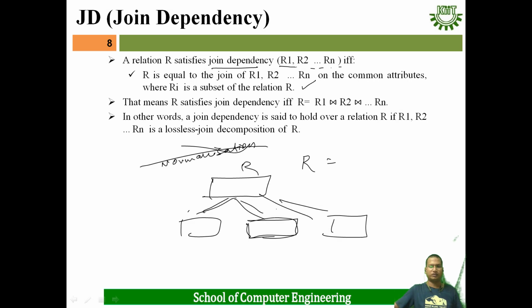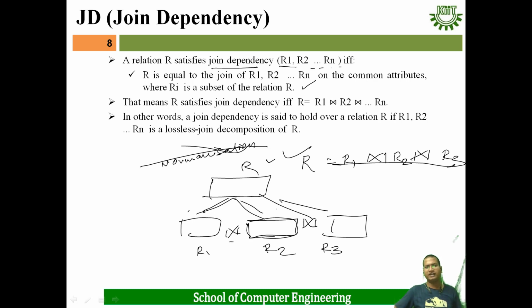Suppose I have divided R into R1, R2 and R3, until R1 natural join R2 natural join R3 gives R. That means we can divide this table into multiple tables as long as, when we combine all the decomposed relations by natural join, we get the original relation. Till that time we can divide this table, and this is known as join dependency. If this is satisfied, that is known as join dependency.